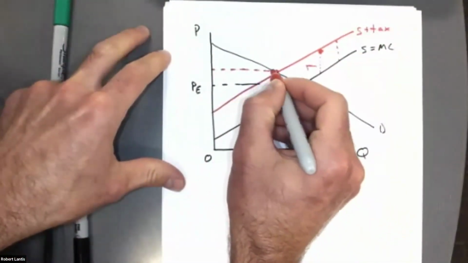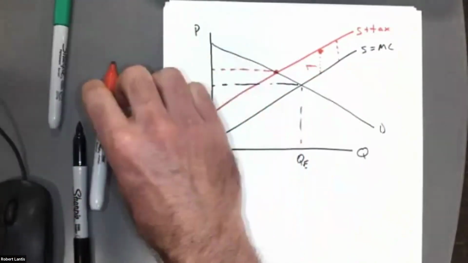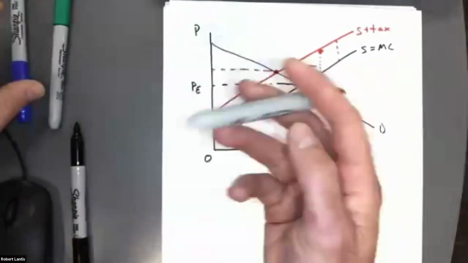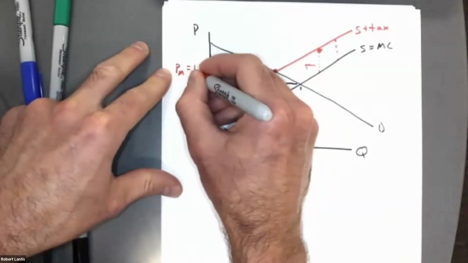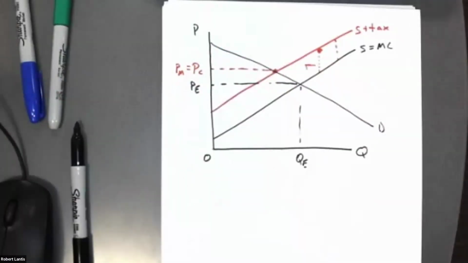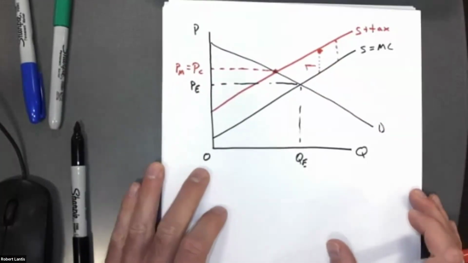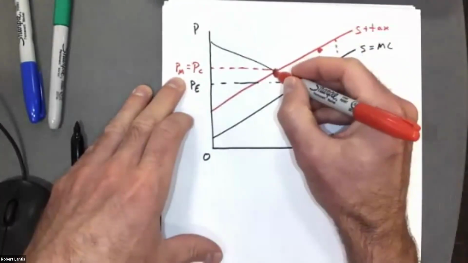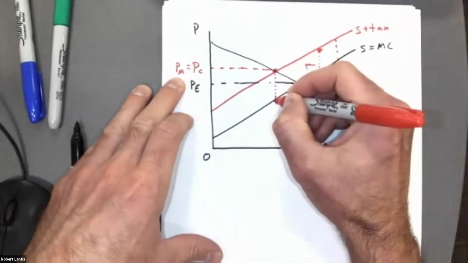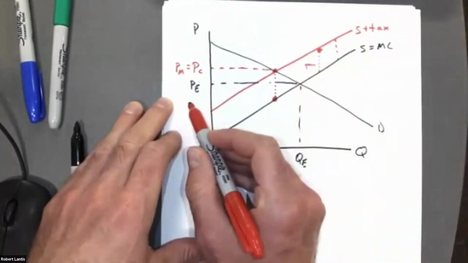I'll sometimes notate this as, and here I probably shouldn't have used red, but it doesn't really matter, the price that we see in the market, which is here, the price that the consumer is going to pay. That's the price we see handed over from the consumer, but the producer has to pay that tax, so they don't get to keep all of it. How much do they get to keep?